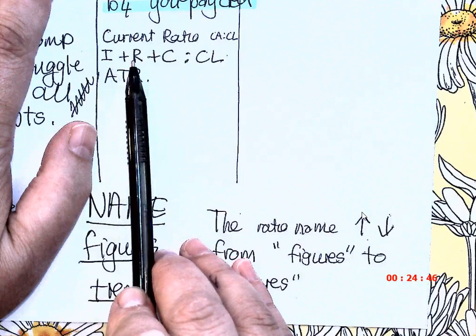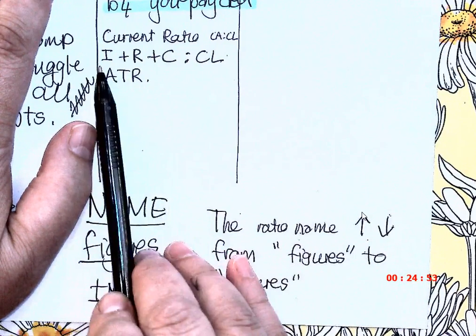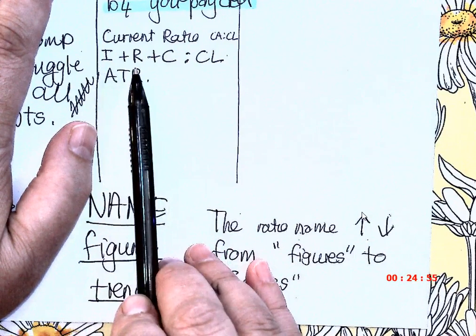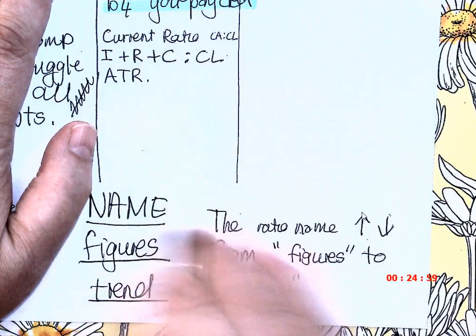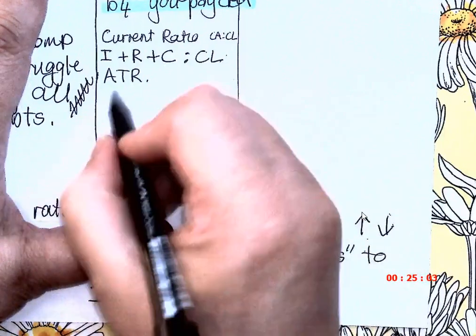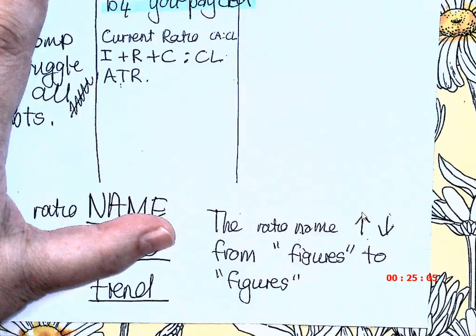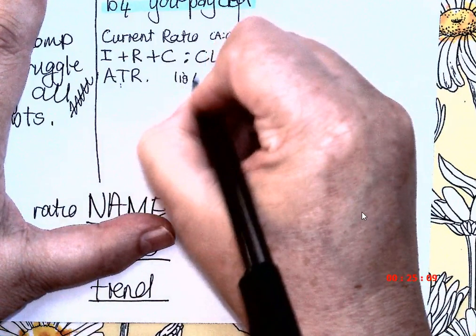Receivable, I sold it on credit, I get the money, I pay the creditors, I buy the stock, and so it goes on and on. Now, the asset test ratio is liquid assets to current liabilities.